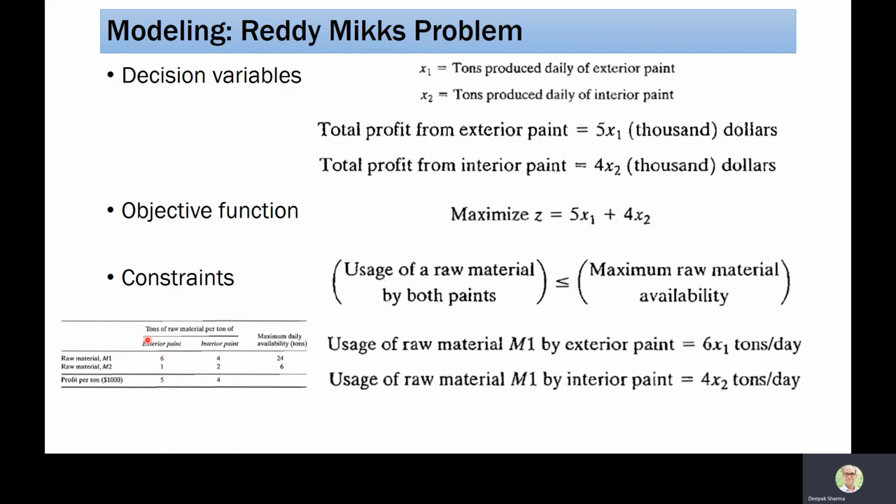That is, suppose x1 is the amount of exterior and x2 is the amount of interior paint, then 6x1 plus 4x2. So this is the amount which is required from raw material 1.